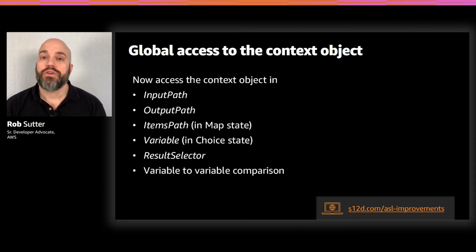That is, you can compare a variable in your state, which is separate from your context, to some value in your context. And this should make more sense when we walk through the single step later in this presentation.